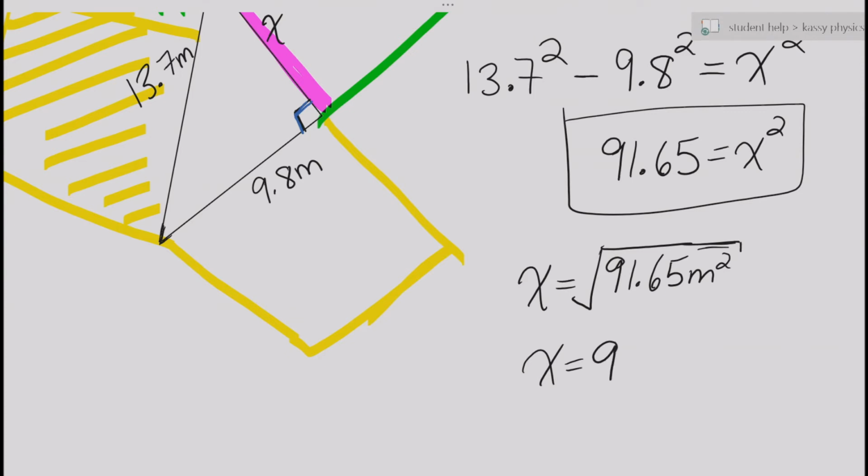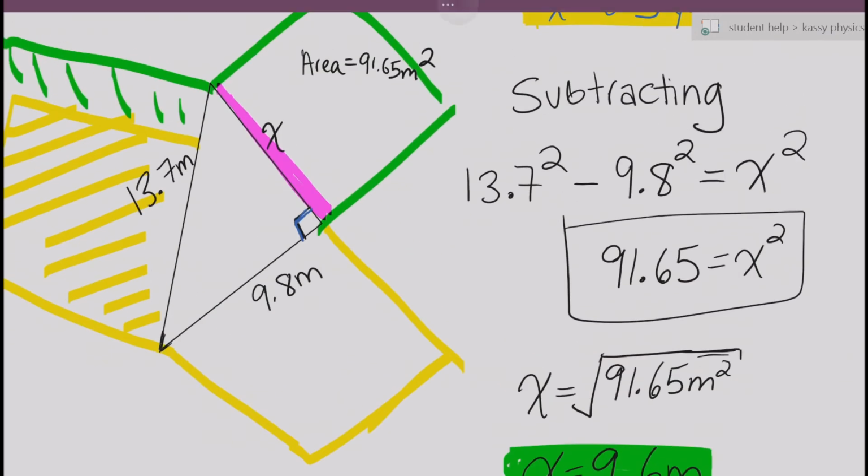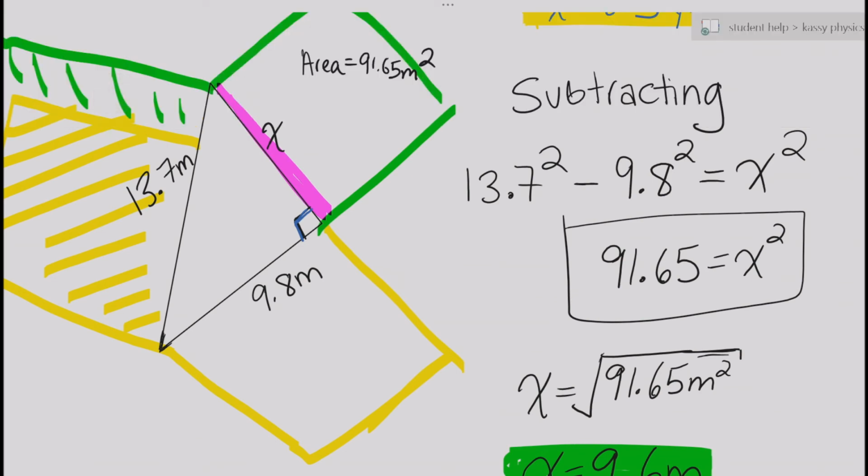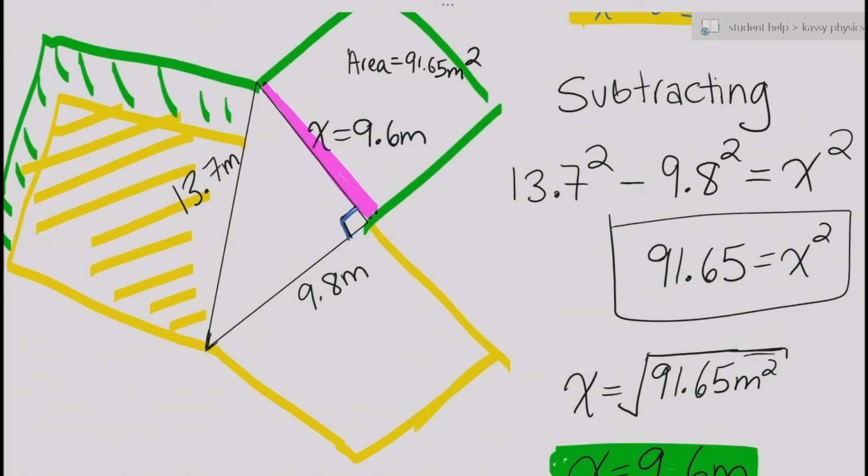But we would call that 9.6 meters. There we go. So we would come onto the graph here now, and I could say this is 9.6 meters, if the others are 9.8 and 13.7.